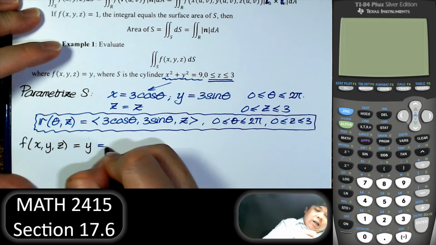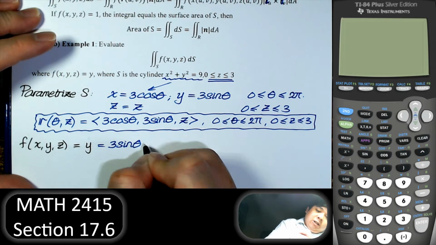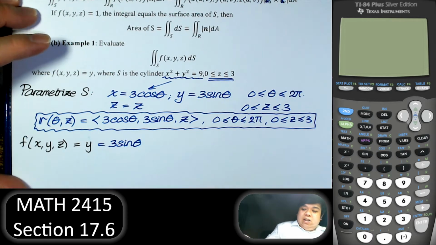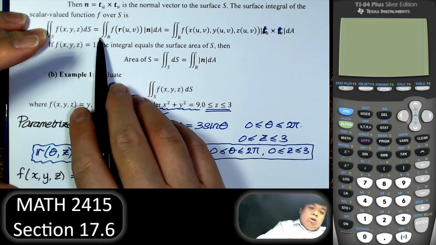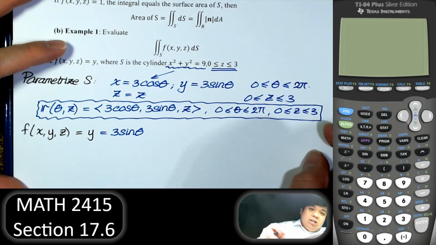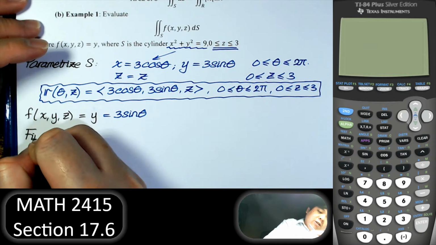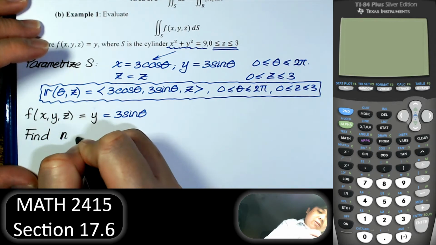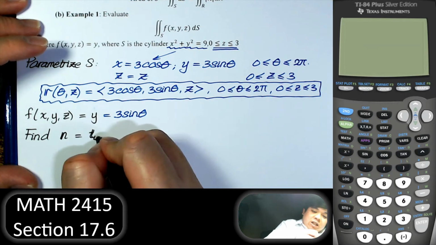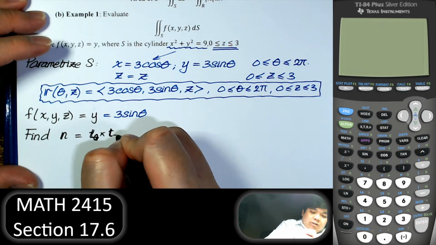So we have the function equal to y, and y is 3 sine theta. Yeah, so we have the function equal to that. And next, according to this formula, we need to parameterize the normal vector. So, find the normal vector, which is t u, in this case t theta cross t z.